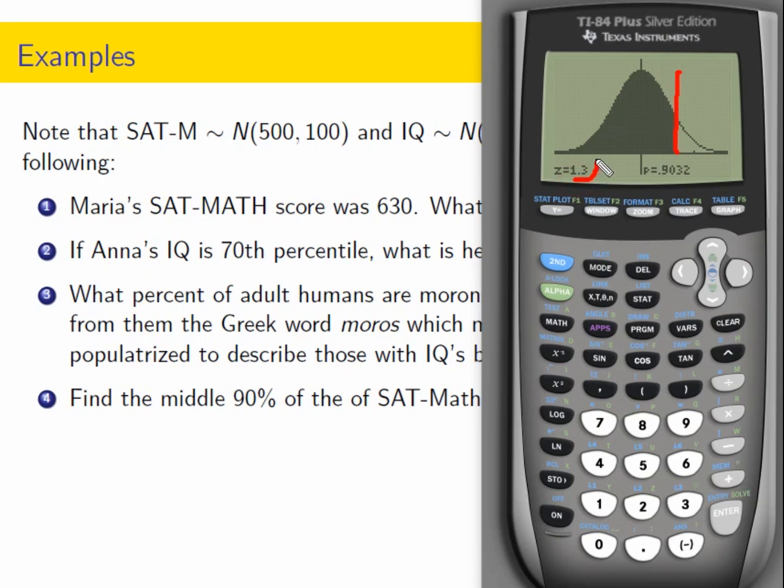It calculates the z-score, the standardized score, and it gives me the exact percentile. Okay, so now we know that Maria's percentile is 90th percentile. And by the way, if this were 0.9099, it would still be 90th percentile. We don't round percentiles, we truncate.